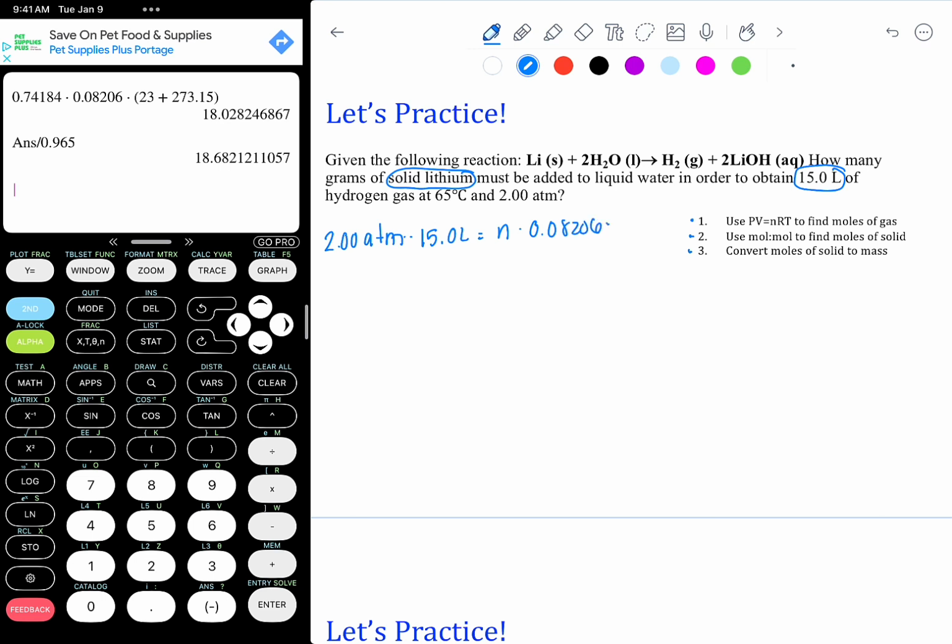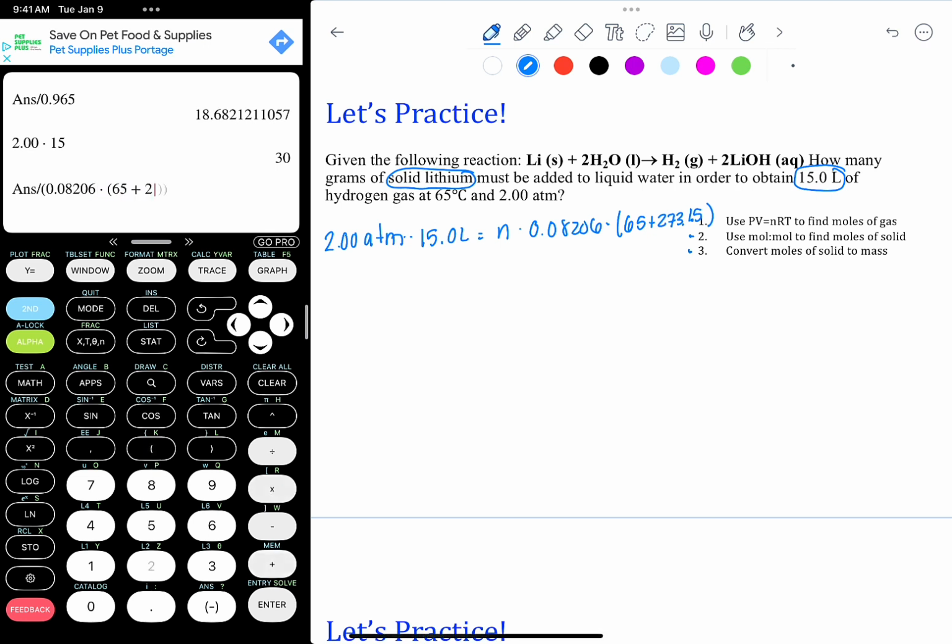And we know the temperature, 65 plus 273.15 to convert to Kelvin. So we can solve for n by taking 2.0, multiplying it by 15, and dividing that by R, 0.08206, multiplied by the temperature, 65 plus 273.